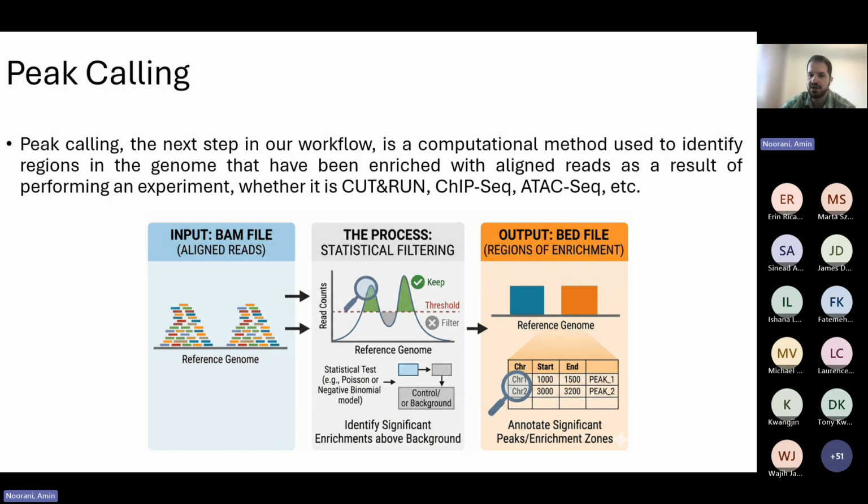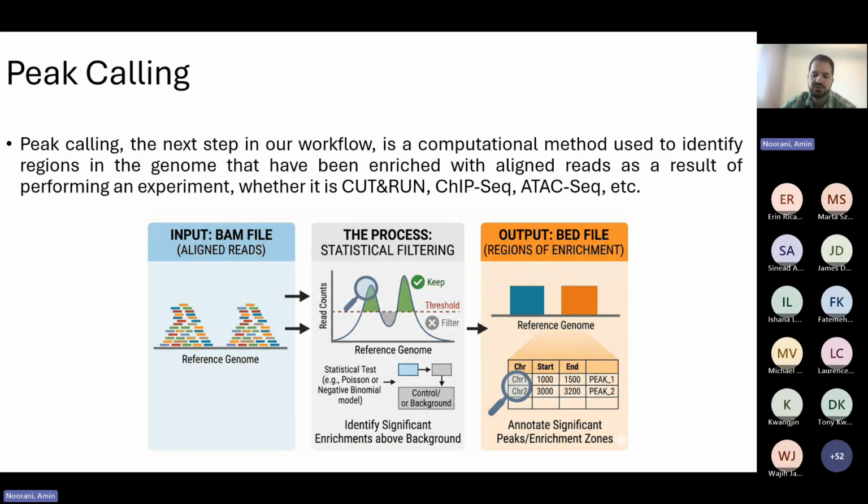BED files are just a table, like a text file, that has 3 columns minimum: chromosome, start and end. It just shows the start and end position, the coordinates of a certain region in the genome.